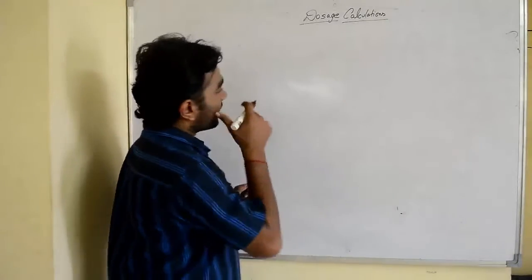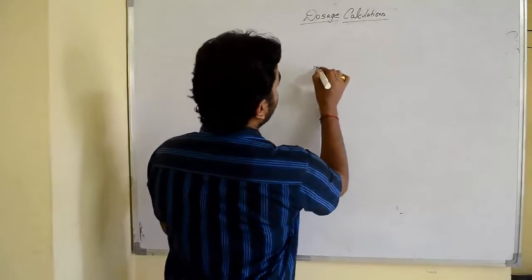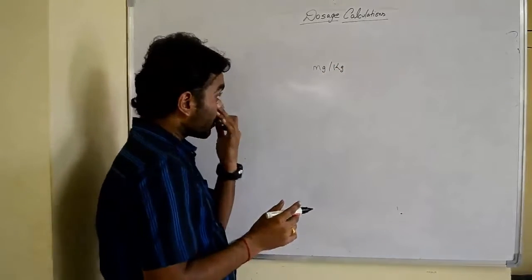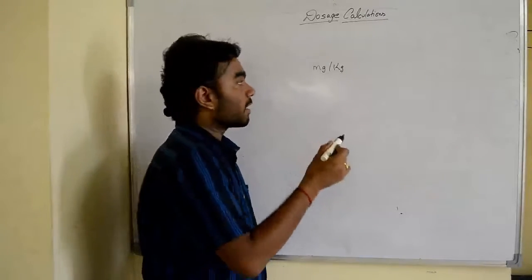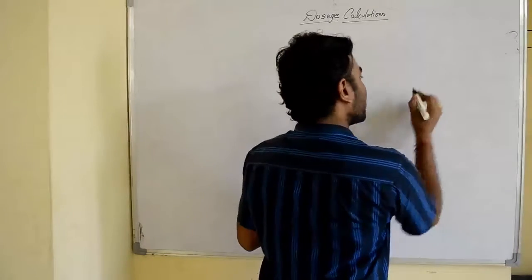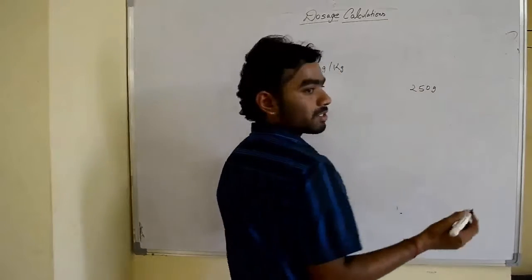Generally, for dosage, when you are giving it to animals, you have to take the drug in mg per kg basis. So you want to give the drug to the animal, then you have to take that drug in mg per kg. The animal's weight, for example, if a rat, the average weight would be some 250 to 300 grams.